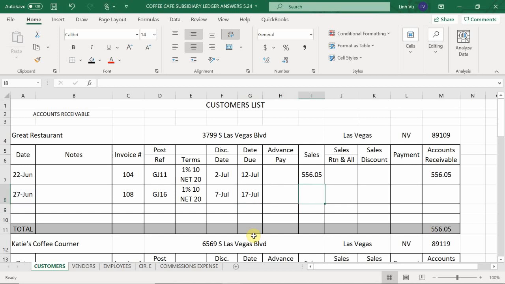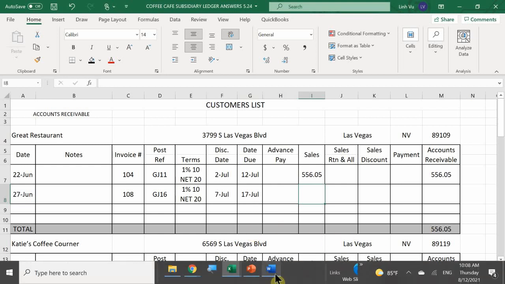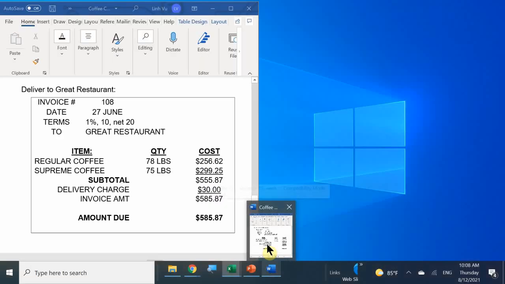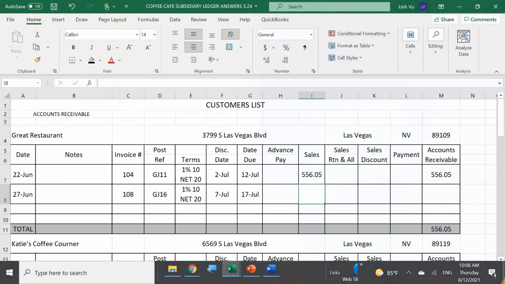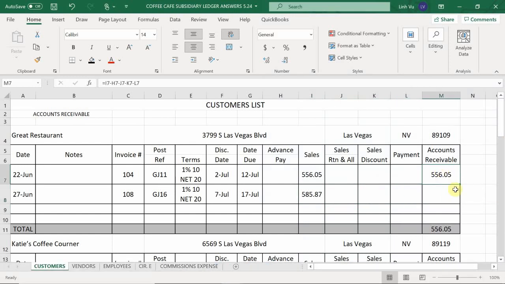The total amount that was invoiced for the sales was $585.87, which no payments were made. So therefore, if you drag this formula all the way down, whoops, I just moved it.